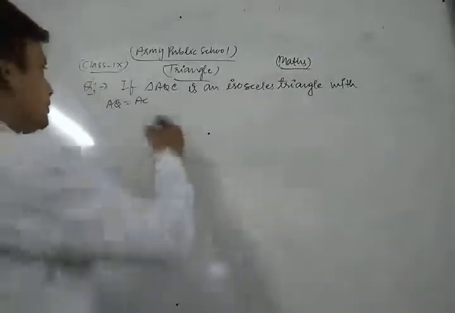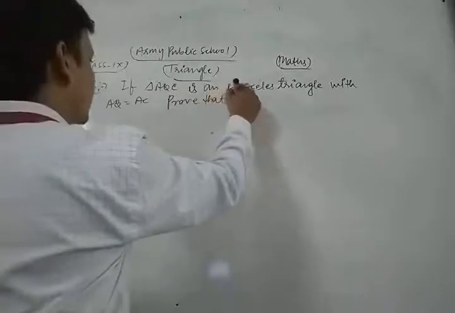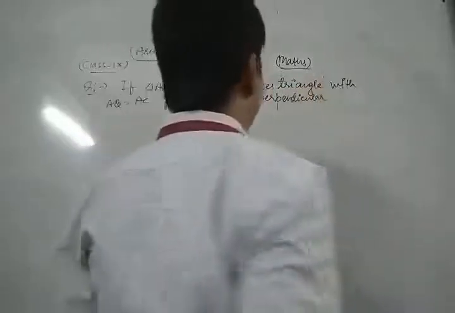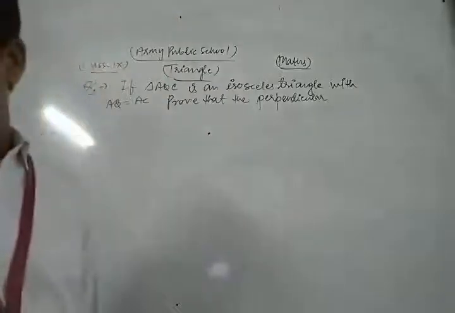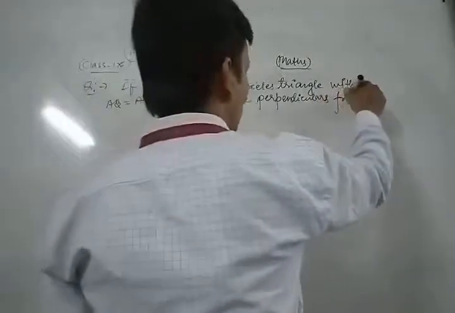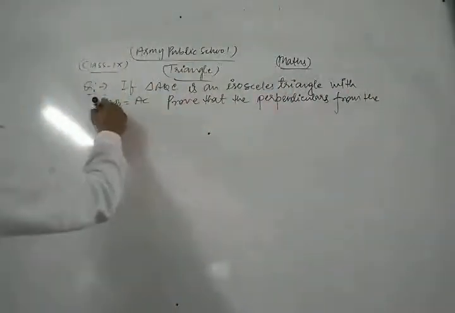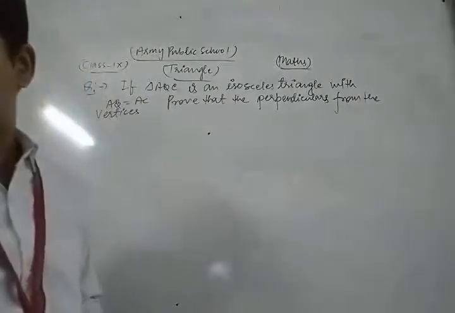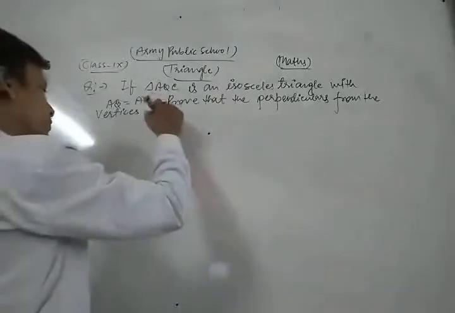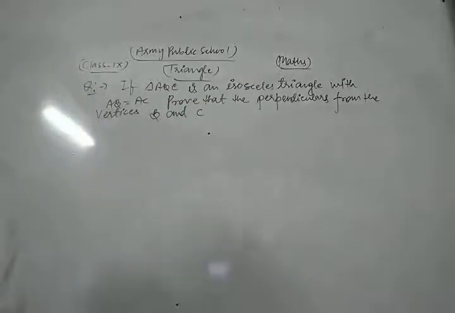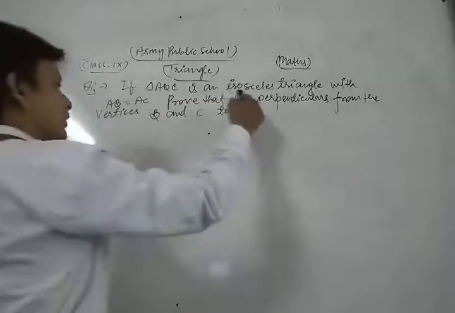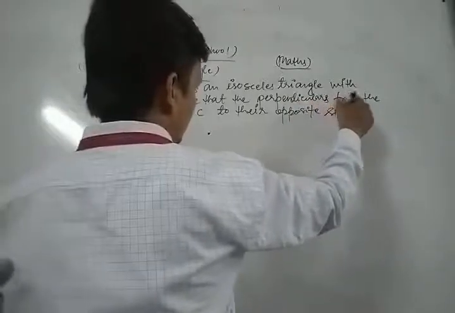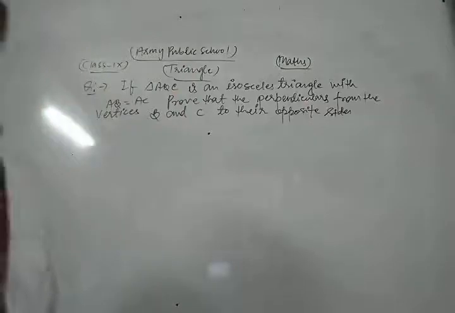prove that the perpendiculars from the vertices B and C to their opposite sides are equal.